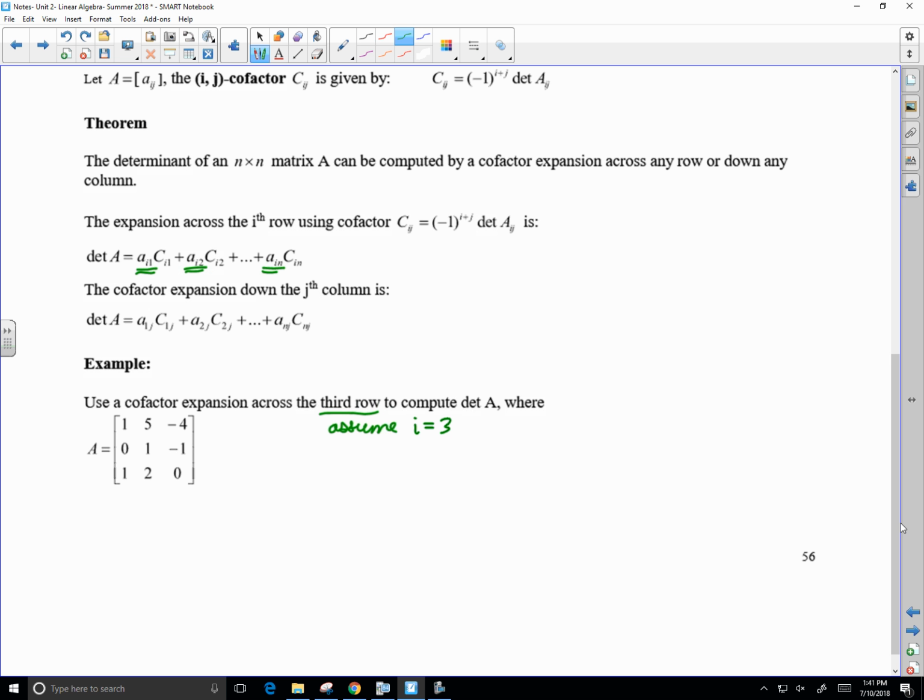Alright. So therefore, we would have C of 3j is equal to -1 to the 3 plus j times the determinant of a sub 3j. So we're living in row 3, and that's where we're going to work. It's still 3 by 3, so we have to allow for j to be equal to 1, 2, 3.